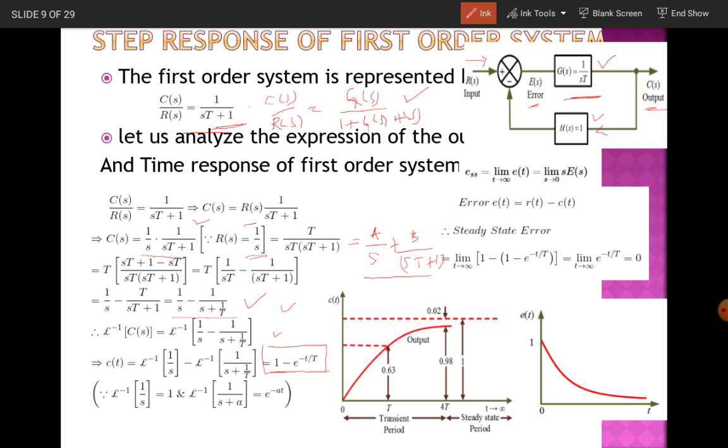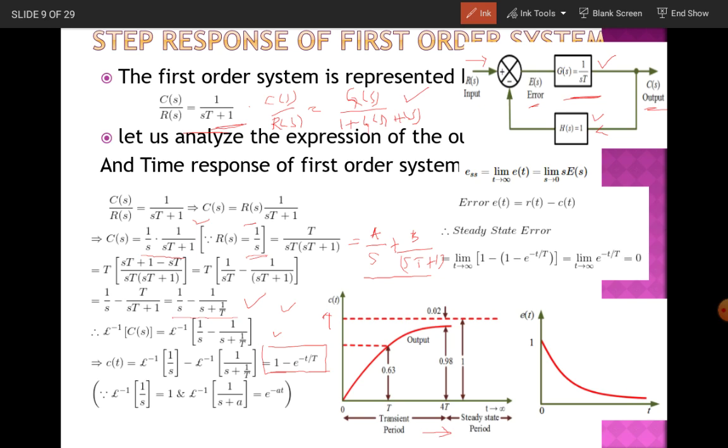Then once you get the C of t, which is for this case C of t equal to 1 minus e power minus t by T, you can draw the transient response. So with respect to time, if you give different values for t, you will get the output. So you will get a transient output.